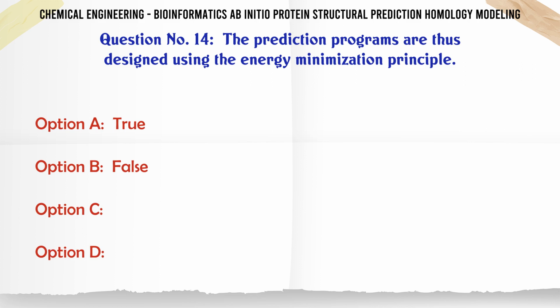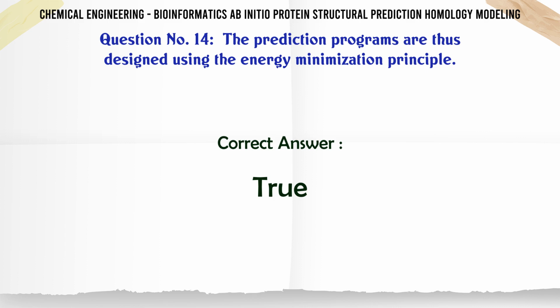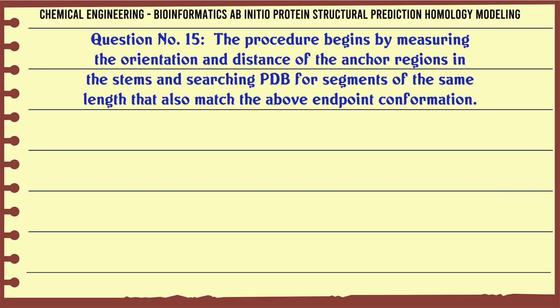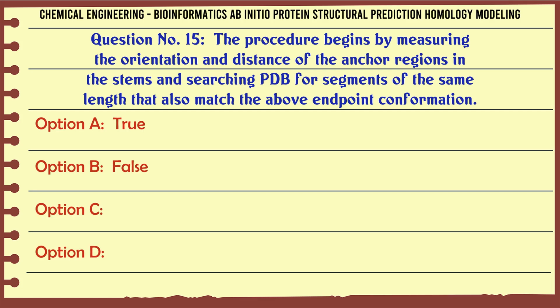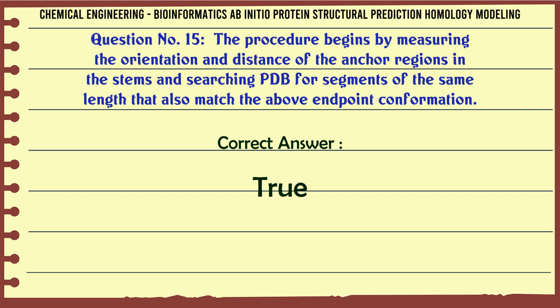The correct answer is true. The procedure begins by measuring the orientation and distance of the anchor regions in the stems and searching PDB for segments of the same length that also match the above endpoint conformation. A. True. B. False. The correct answer is true.